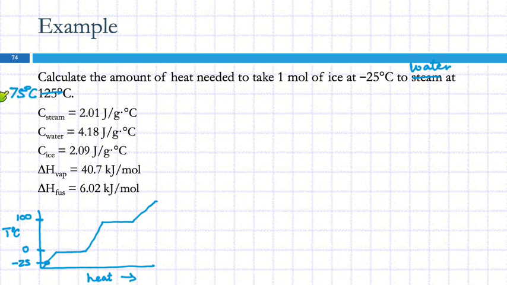And we're going up to 75. So 75 is going to be in here somewhere. And so that's what I'm calculating. I'm calculating that line and this line and this line. We can call this A and B and C.